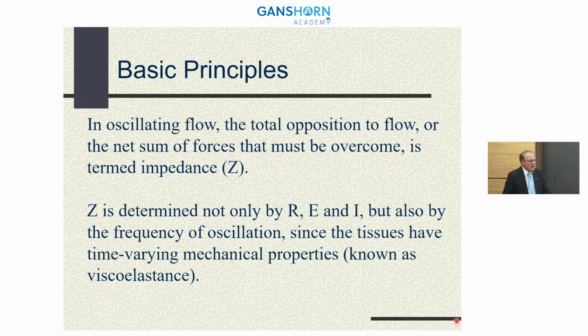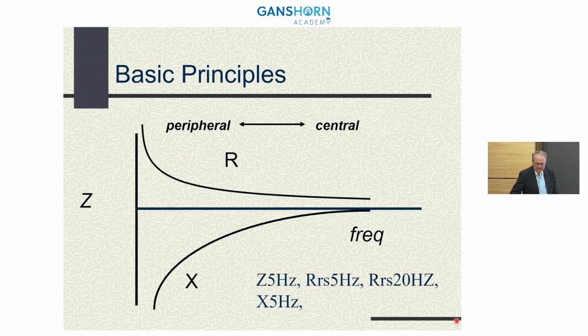And so oscillometers typically will have multiple different frequencies that we can apply to the airway, and those differences of frequencies will then produce different types of characteristics. Much of this related to the frequency is related to time-varying mechanical properties, which we also call viscoelastance.